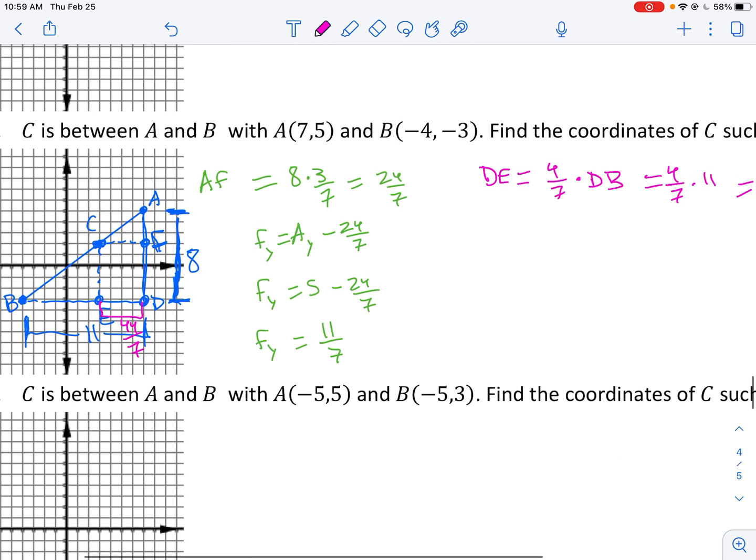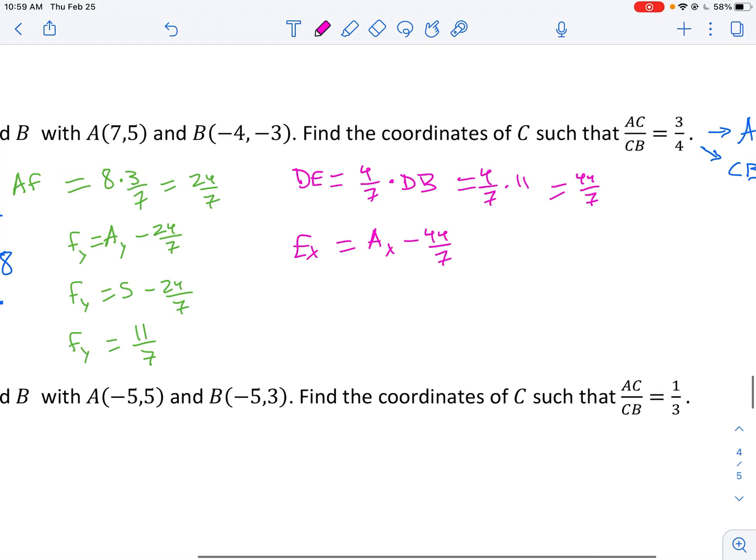And so now I can take my x-coordinate of D, which is the x-coordinate of A, which is 7, and I can get the x-coordinate for E from there. So the x-coordinate of E is going to equal the x-coordinate of A minus 44/7, which the x-coordinate of A is 7.